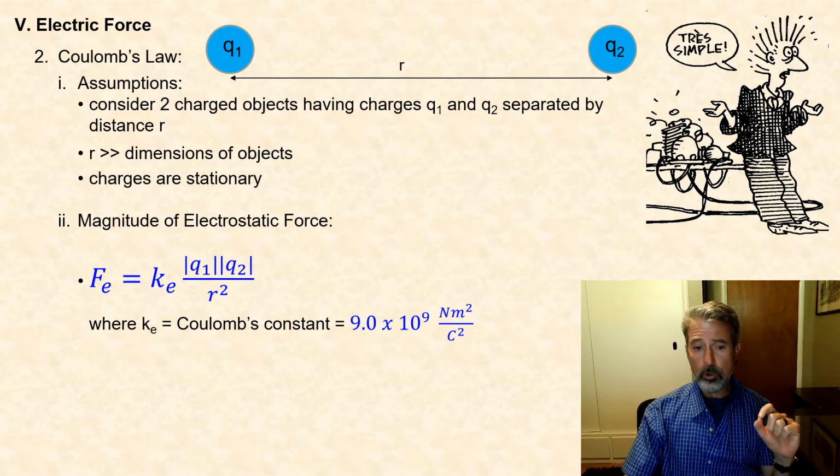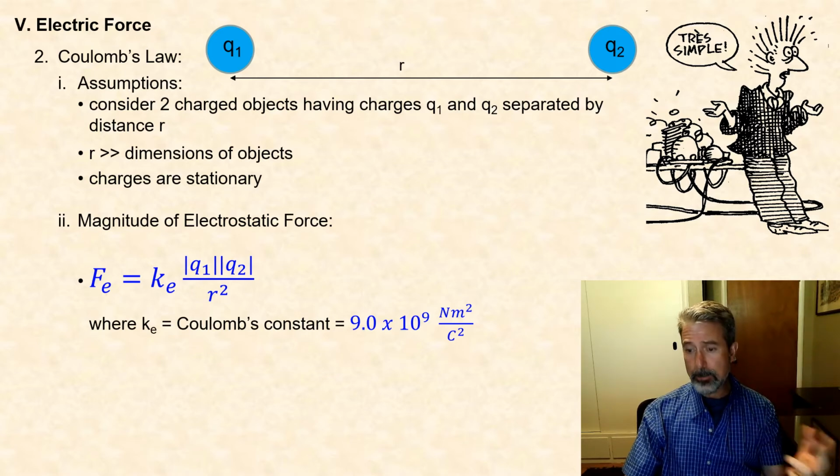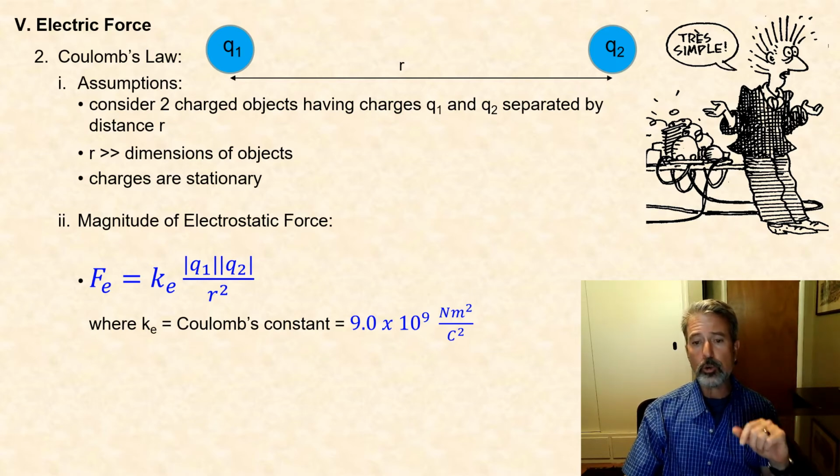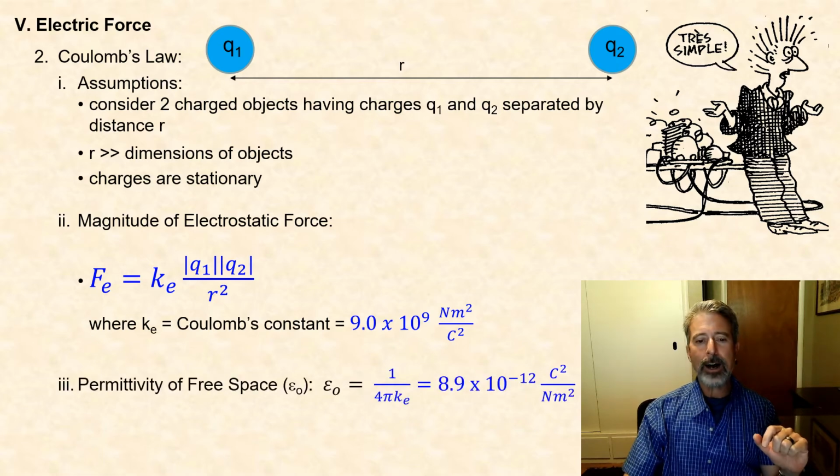Let's talk a little more about the Coulomb constant, K or K sub E. You'll notice that Coulomb's constant, in comparison to the universal gravitation constant, is quite large. About 9 times 10 to the 9th newton meters squared per coulomb squared. In this slide, I am going to introduce another constant related to the Coulomb constant. This is what we call the permittivity of free space, and we symbolize it with an epsilon naught.